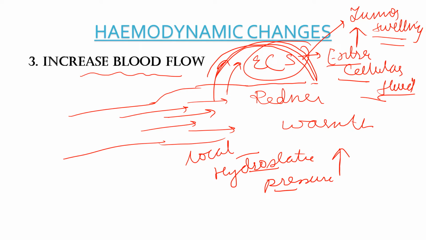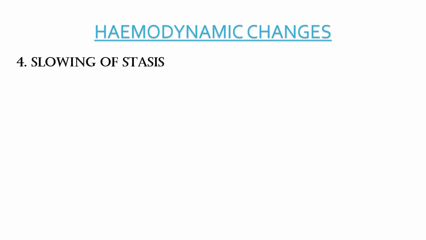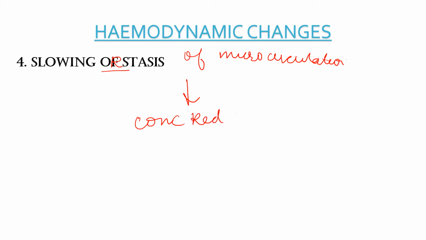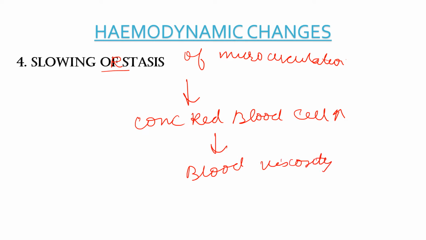Now the next process of the hemodynamic changes is slowing or stasis of microcirculation, which eventually causes the concentration of red blood cells to increase, and thus the blood viscosity increases.